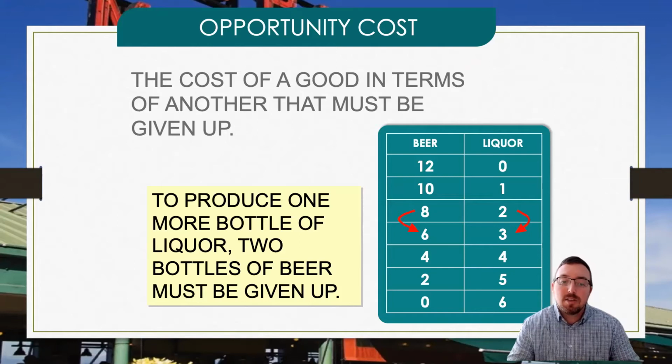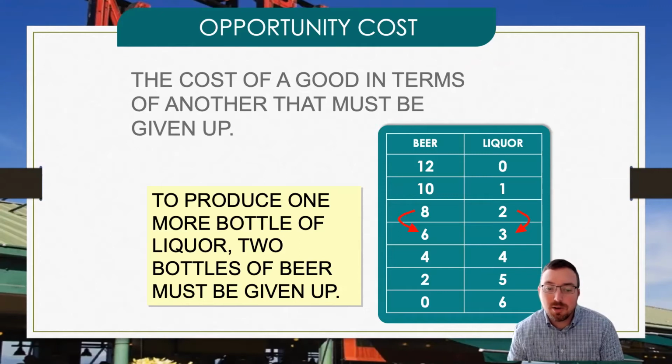In this case, the cost of changing the production mix from 2 bottles of liquor and 8 bottles of beer to 3 bottles of liquor and 6 bottles of beer is 2 bottles of beer. Again, the cost of changing that production mix is just the opportunity cost. So here, as we go from 2 to 3 bottles of liquor, we're giving up 2 bottles of beer.